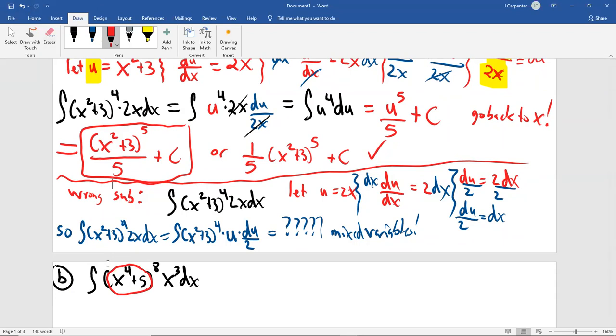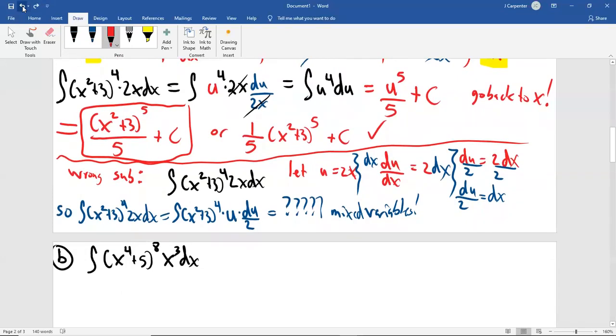But the integration will still have what looks like a chain rule effect, and it won't be good enough. So let u not be just the x to the 4th. It needs to be the x to the 4th plus 5. Try out just having it be x to the 4th. You won't get the same answer.